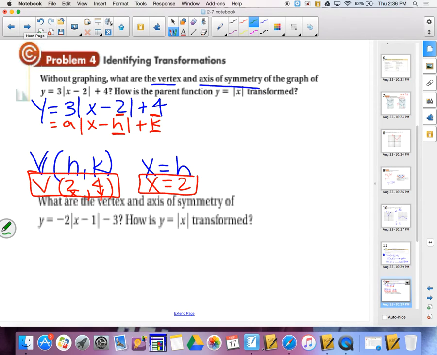So the last part of the question asks, how is the parent function y equals absolute value of x transformed? So if I start here, how do I get here? That's what they're asking. Now the rule follows, you start first within the absolute value bars. What happens within the absolute value bars first? You move it to the right. So I'm going to the right 2. Now I'm going to go to the beginning of the equation and work my way back. What am I going to do?